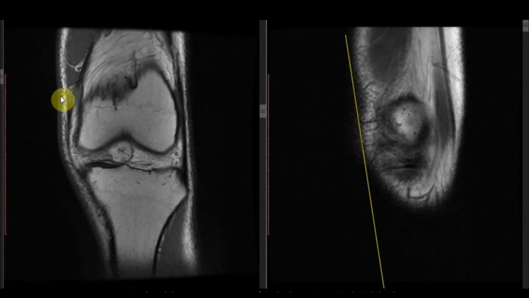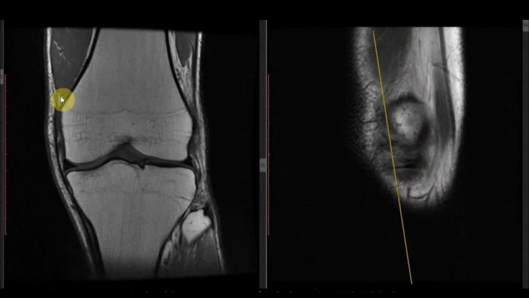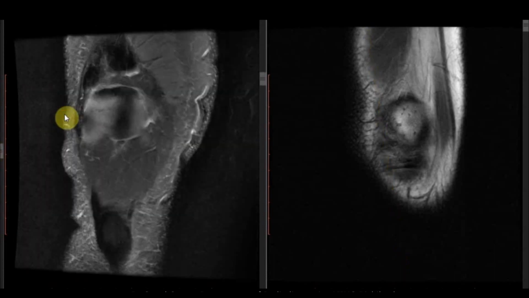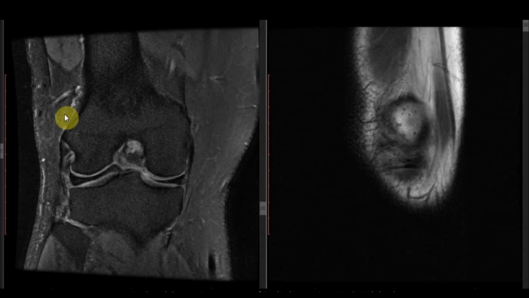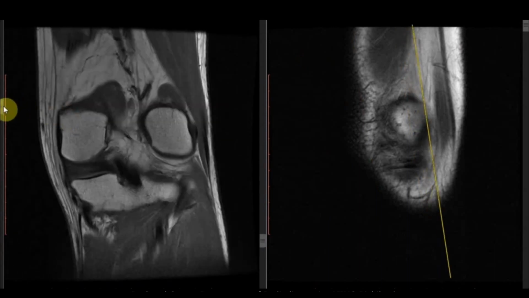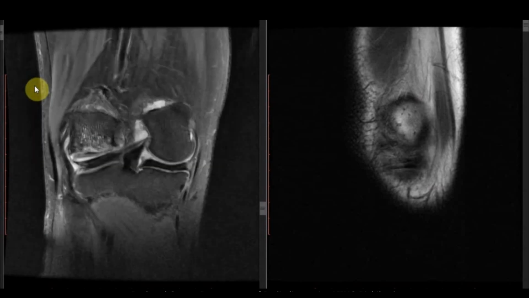Then we can have meniscofemoral ligament, as I already described. Meniscofemoral ligament goes from menisci to the medial femoral condyle. So this is meniscofemoral ligament.